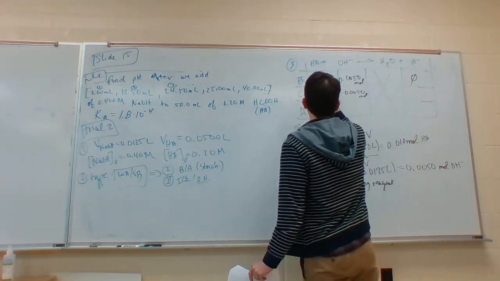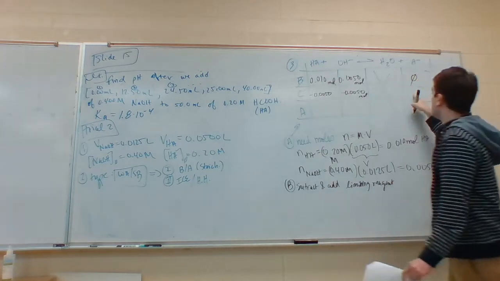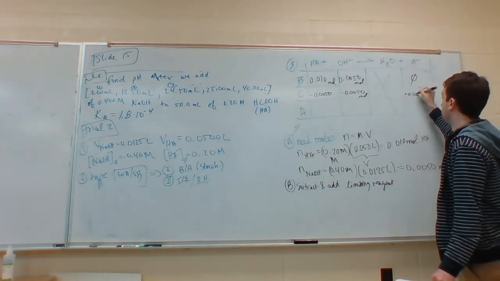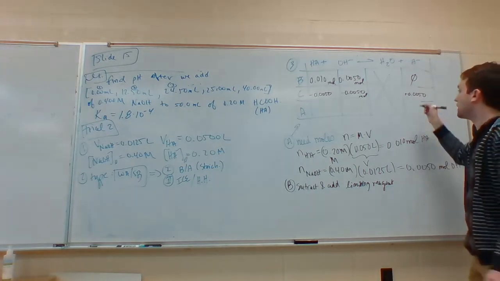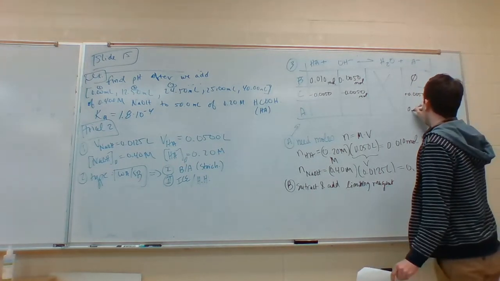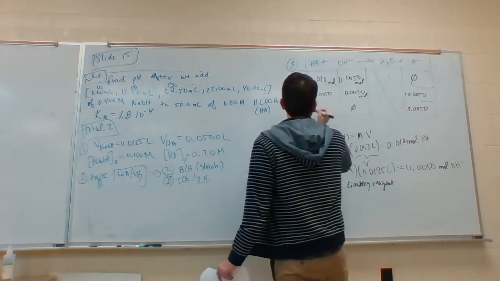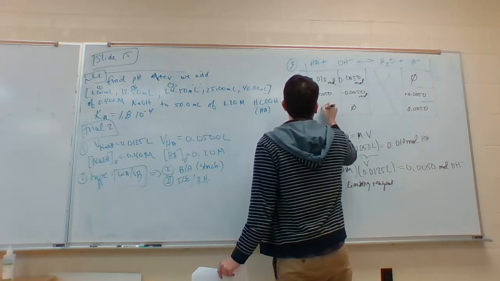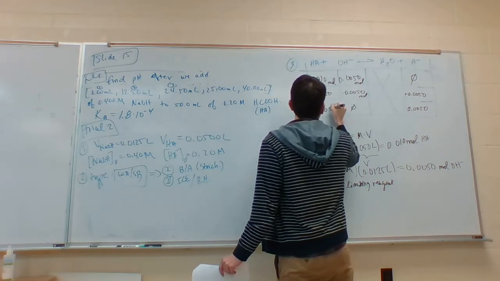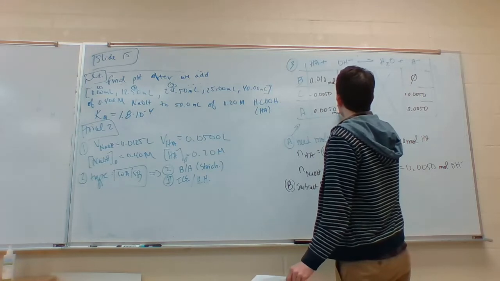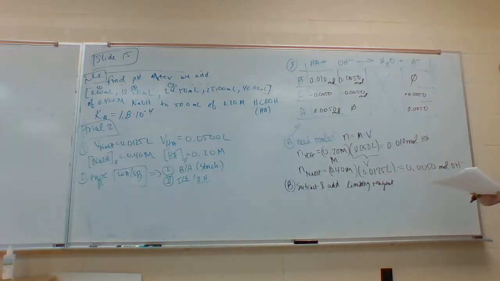So minus 0.0050. And over here, it will also be added, plus 0.0050. So adding those all up gives us 0.0050. Here we end up with 0, and here we end up with 0.005. 0 moles. Now, that's in moles, okay?